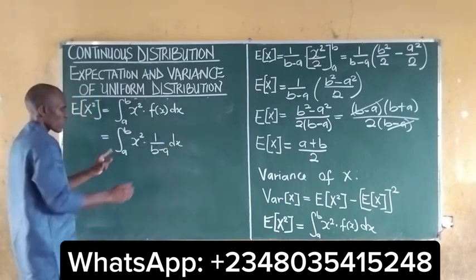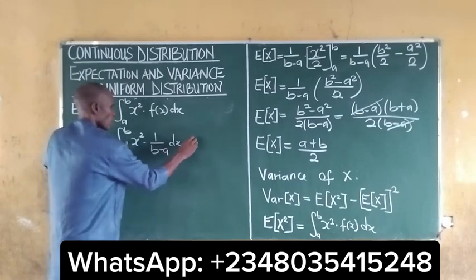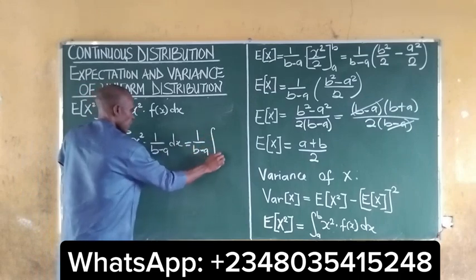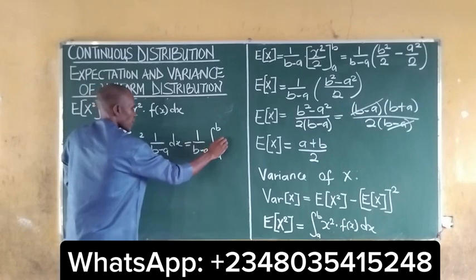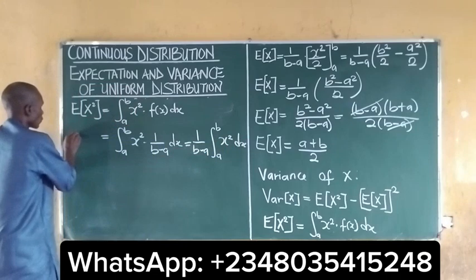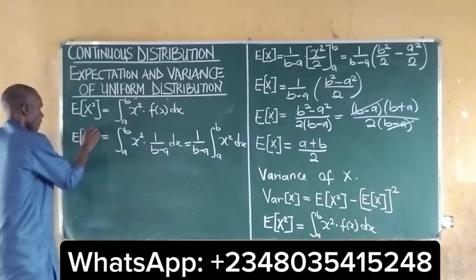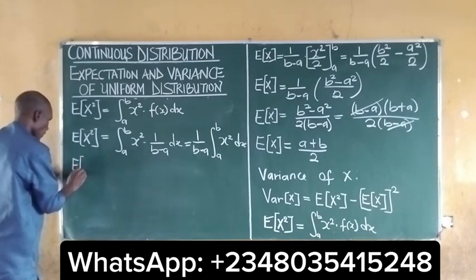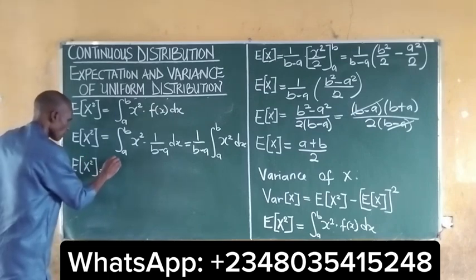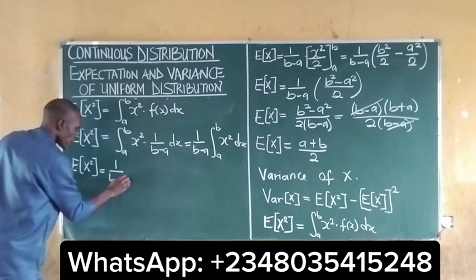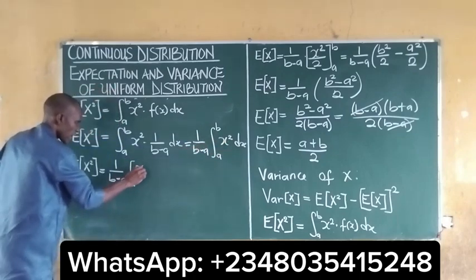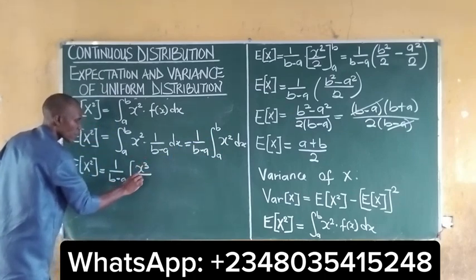Of course, this can come over, which is equal to 1 all over b minus a, the integral from a to b of x squared dx. It then means that the expected value of x squared is equal to 1 all over b minus a. We integrate x squared, and we will get x raised to the power of 3 all over 3.